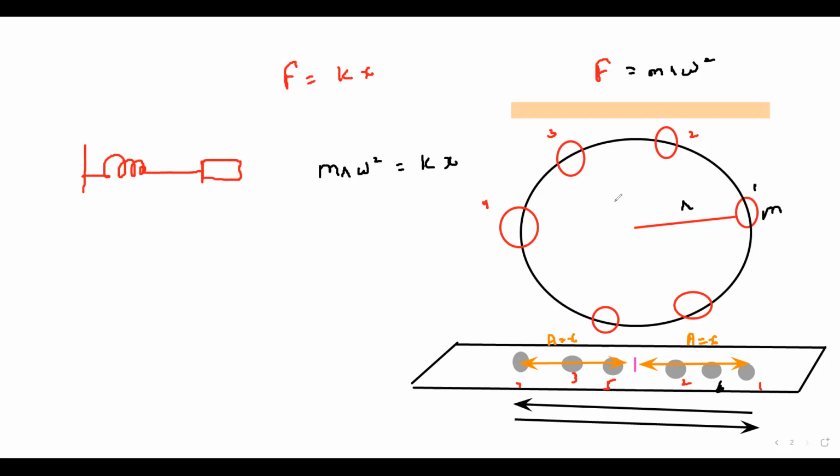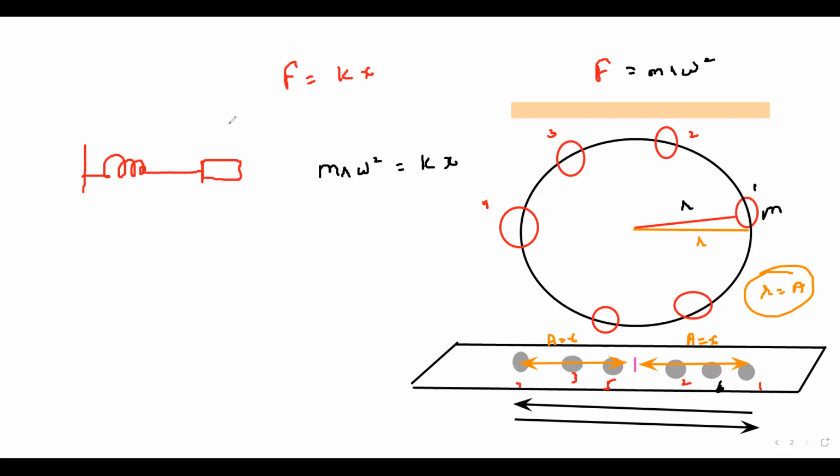So when the object is moving in a circular path, its projection is undergoing a simple harmonic motion, and the radius will be equal to the amplitude. Why? Because the distance from the center to this position is r, and this r is equivalent to a. So r is equal to a, or a is equal to r, both have the same meaning.